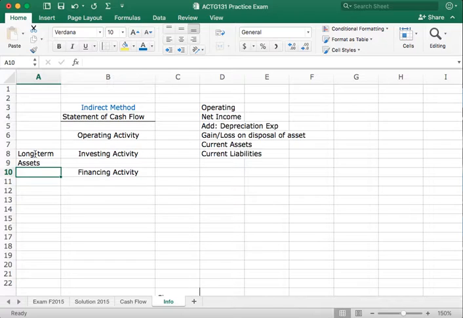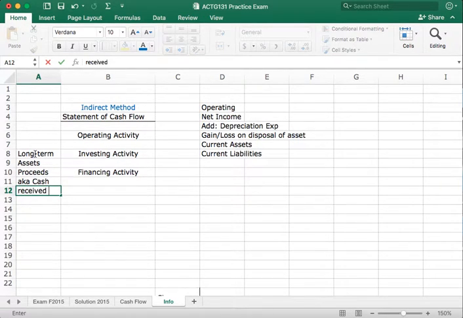There's one more item that we include in investing activity, and that's the proceeds, also known as, I'm going to put AKA here, also known as the cash received from the disposal of long-term assets.